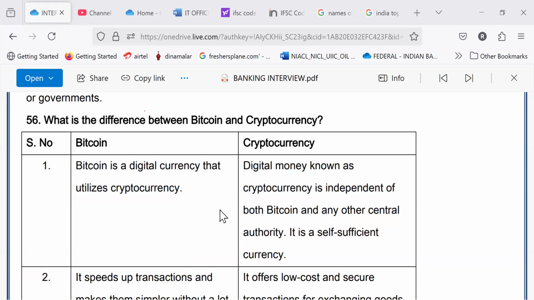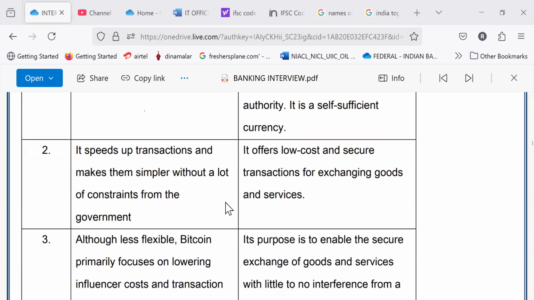What is the difference between Bitcoin and cryptocurrency? Bitcoin is a digital currency that utilizes the cryptocurrency, and cryptocurrency is a digital money which is independent of both Bitcoin and any other central authority. It is a self-sufficient currency. Bitcoin speeds up transactions and makes them simpler without a lot of constraints from the government.